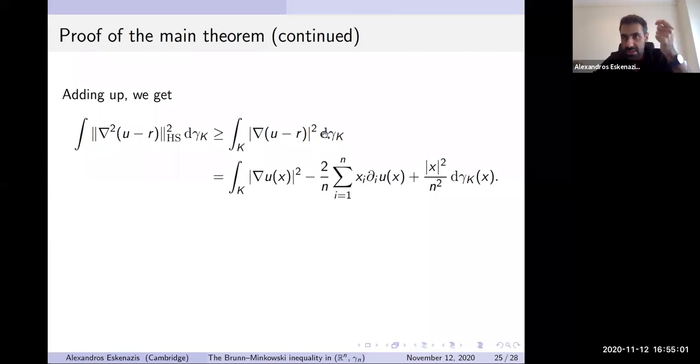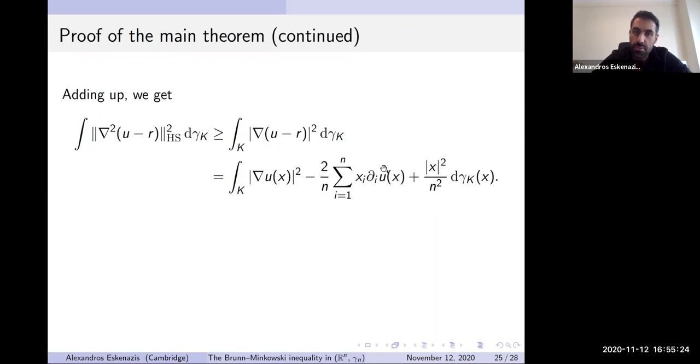And now the gradient of r is just x divided by n. Okay, r is just a very simple function. So right here you can just expand the square. So this is the gradient of u squared minus 2 over n times the sum of x_i d_i u plus x squared divided by n squared. Okay, and this is exactly the cross term that we had before.